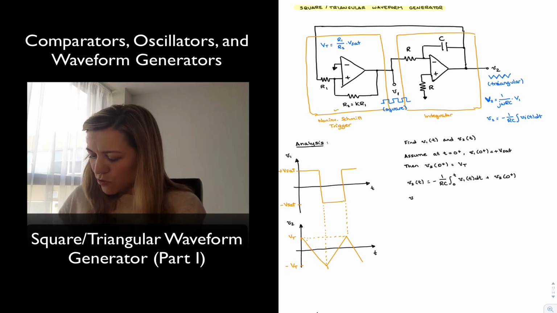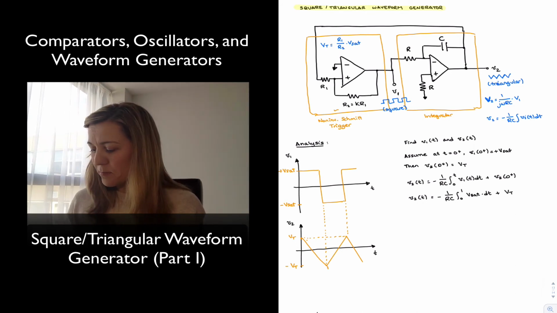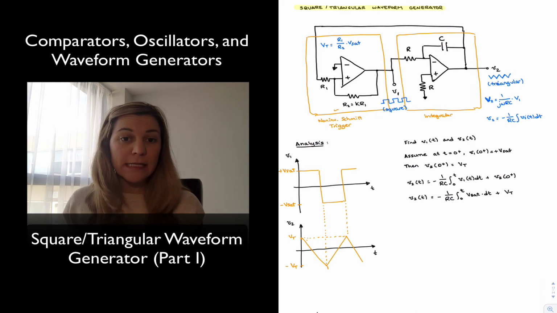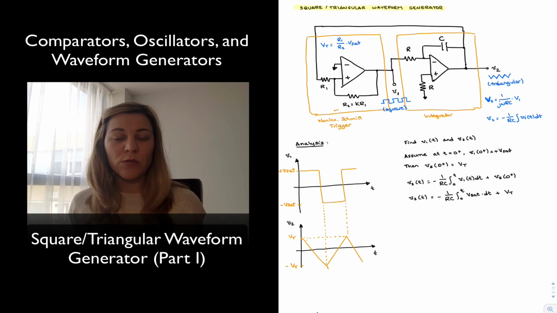So I can now solve for that integral, replace V1 with its value, which is at this point positive Vsat times dt, plus my value for V2, which is equal to Vt. Now if I integrate Vsat between 0 and t, Vsat is a constant, so Vsat comes out of the integral, and the integral of 1 times dt is just equal to t.